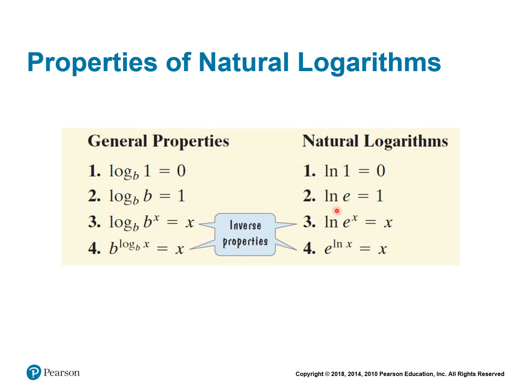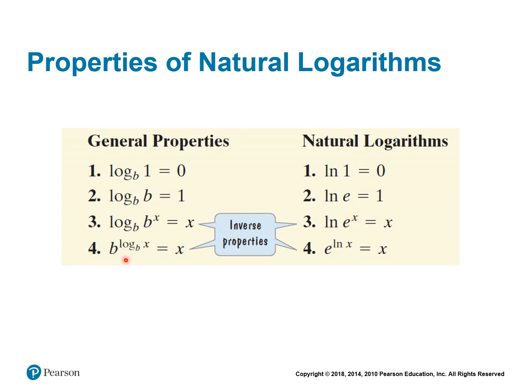Okay, so ln means log base e of e equal to 1, correct? For number 3, it's log base b of b to the power x equals x. In the case of natural logarithms, it's ln of e to the power x will be equal to x.